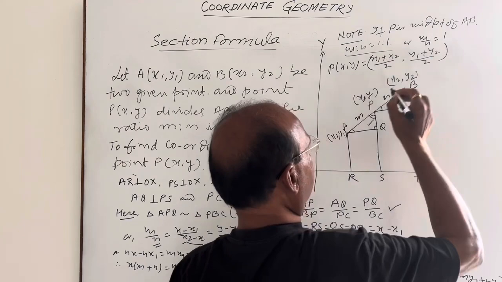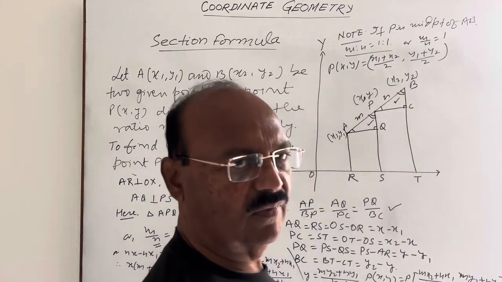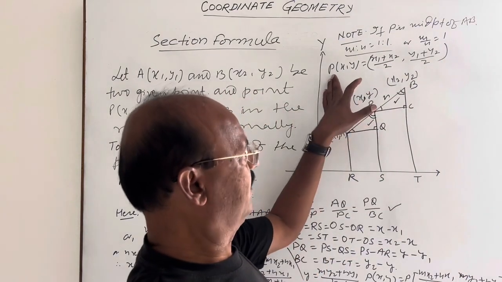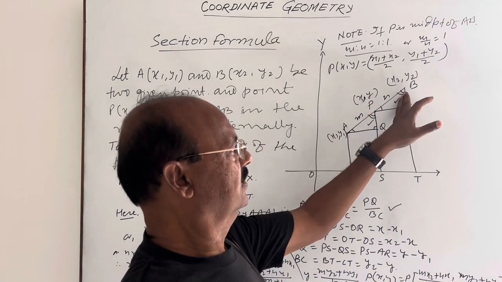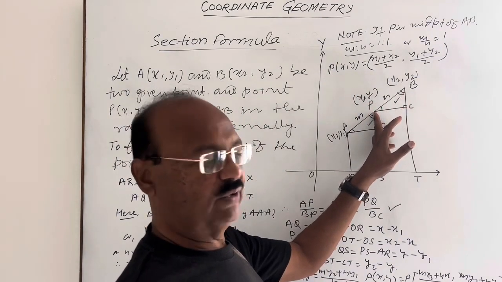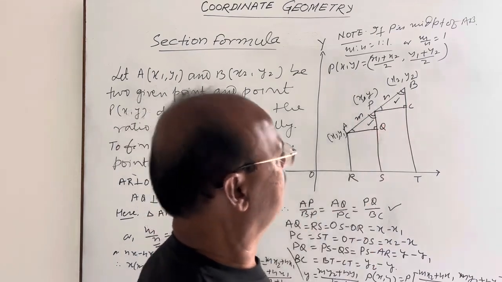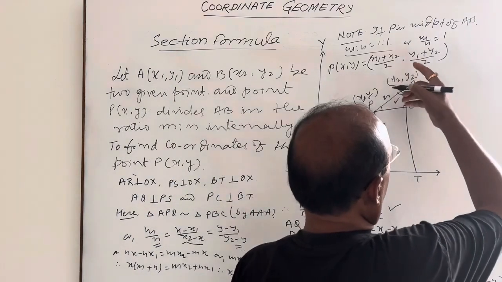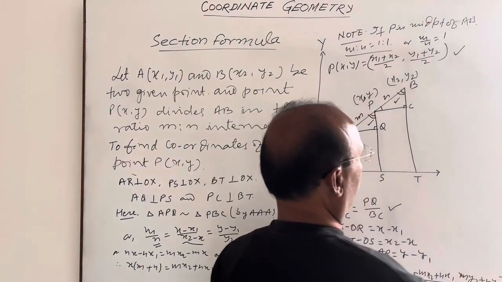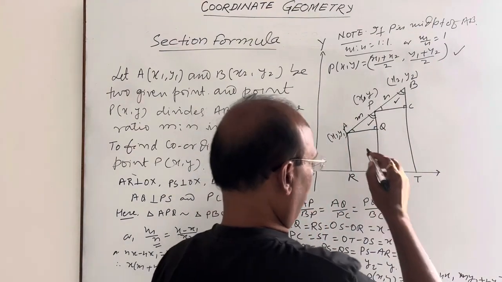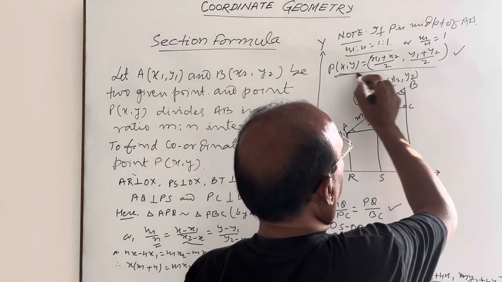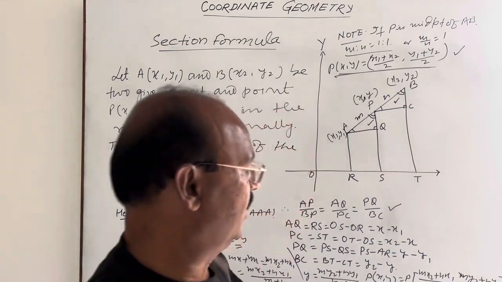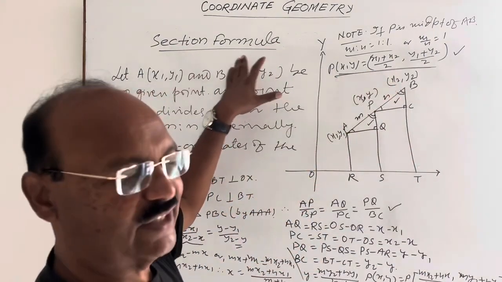We can use this result, which gives the coordinates of a point P which divides a line segment at the midpoint. So the ratio is 1 is to 1, then the result will be (x1 plus x2) by 2 and (y1 plus y2) by 2. We need to remember this result as well as the earlier result. These are two important results in this section formula.